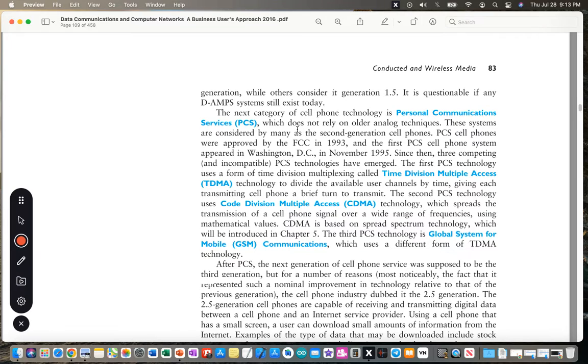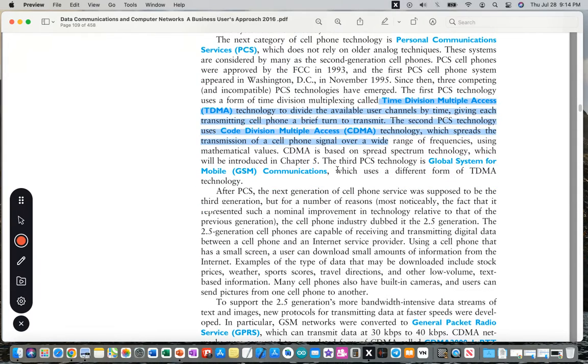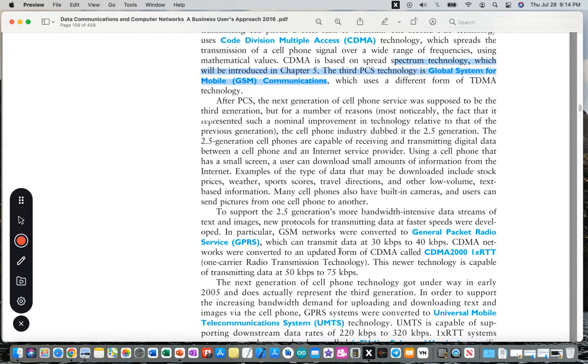And the personal communication services, PCS. And we have TDMA and CDMA used in the second generation. Then we have the GSM, Global System.